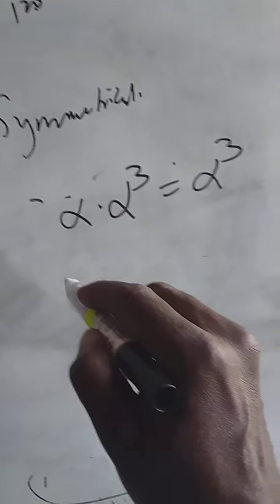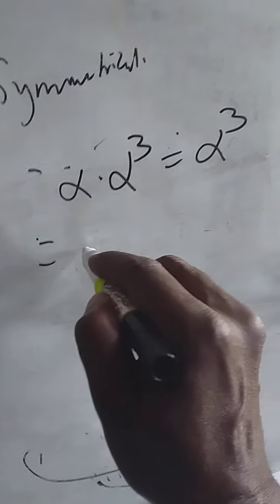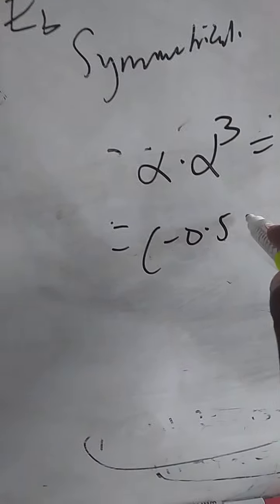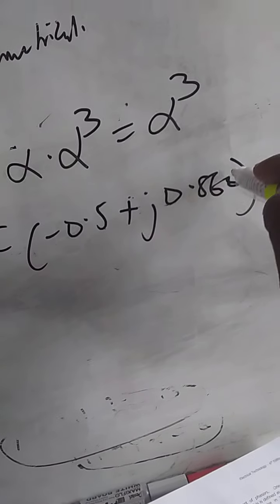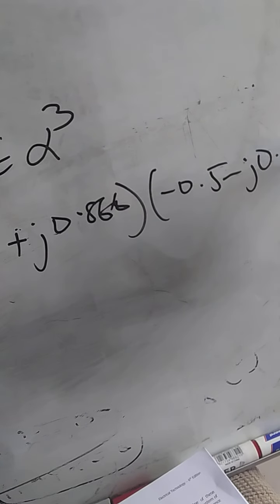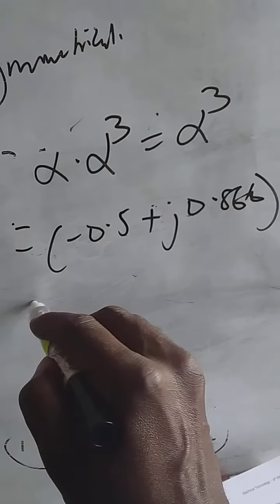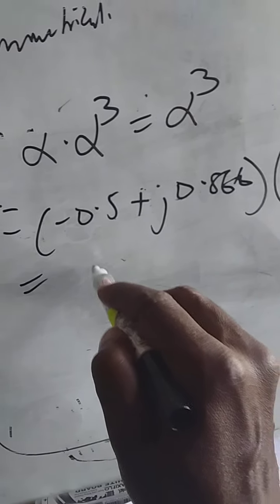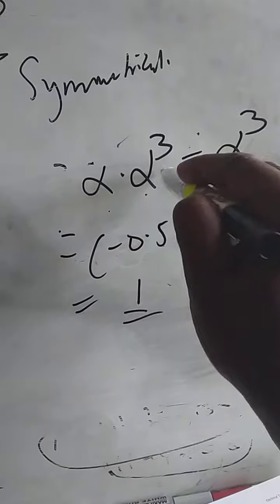This means you have minus 0.5 plus J 0.866 into minus 0.5 minus J 0.866. If you multiply this out, what do you come to? You come to 1, which means alpha times alpha squared is equal to 1. That means alpha cubed is equal to 1.